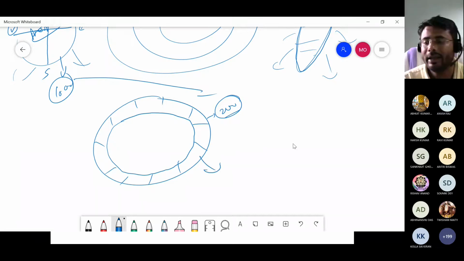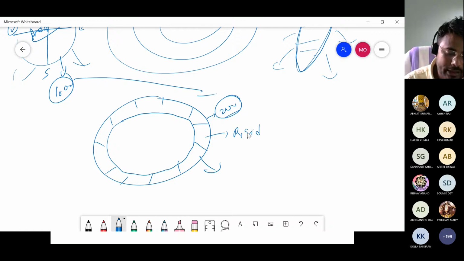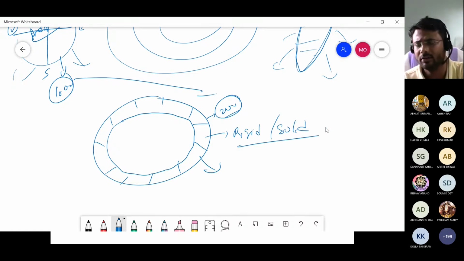So eventually what will we get? We will get a layer which is different from the inner layers. How is it different? Just because the minerals have crystallized, this will react as a solid or rigid body. Am I correct?